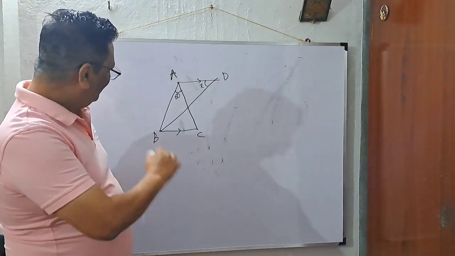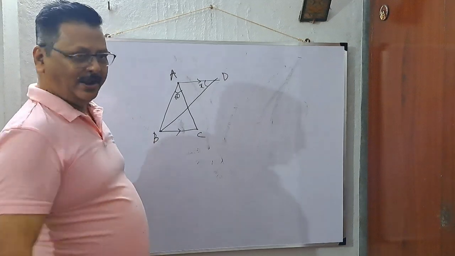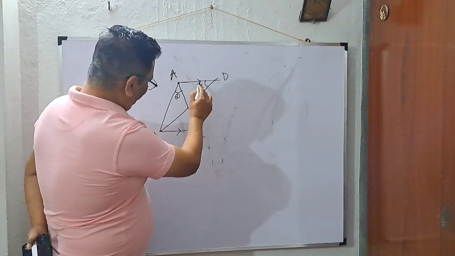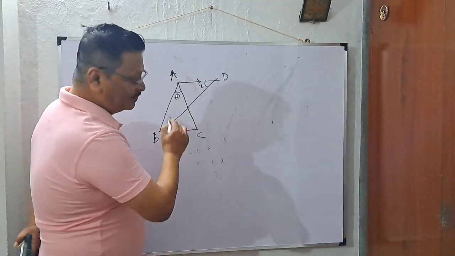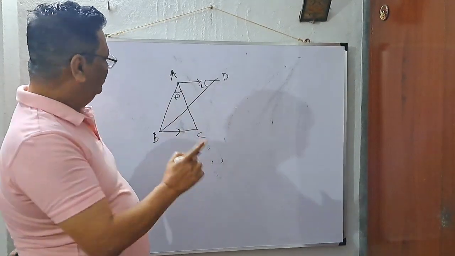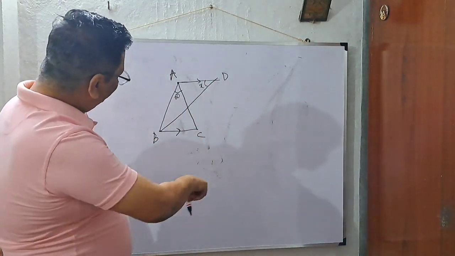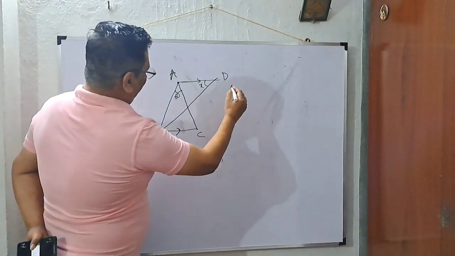Right? In this problem, ABC is a triangle, AD is a line parallel to BC, and BD bisects angle B. So what we have?